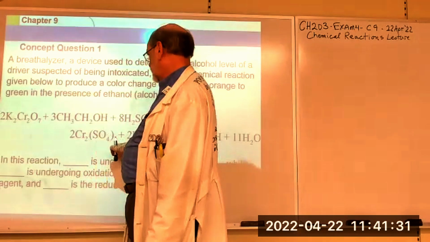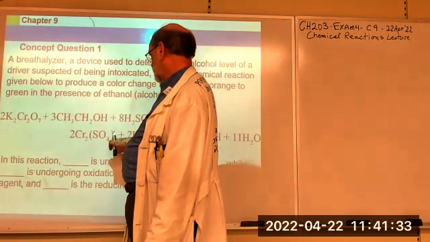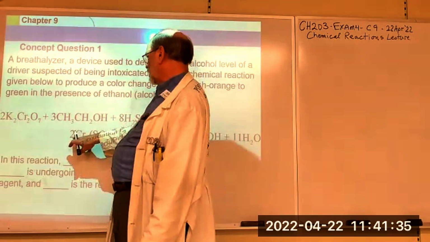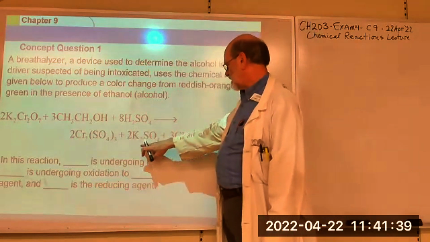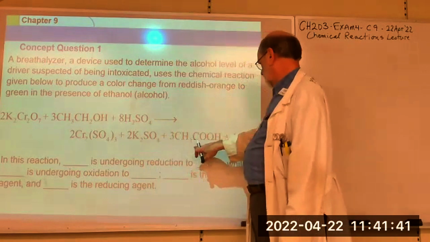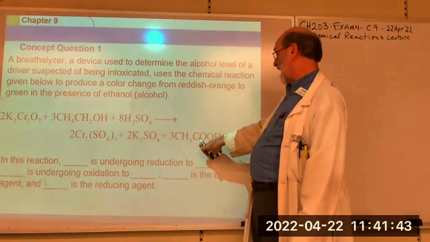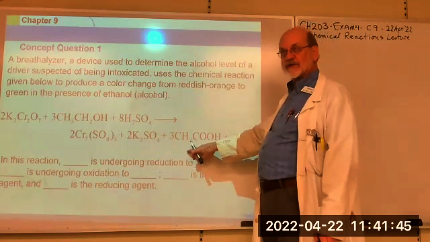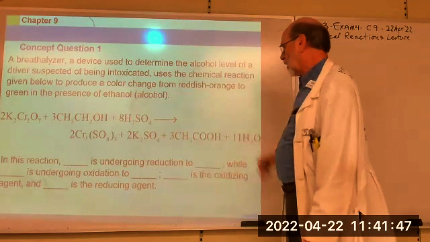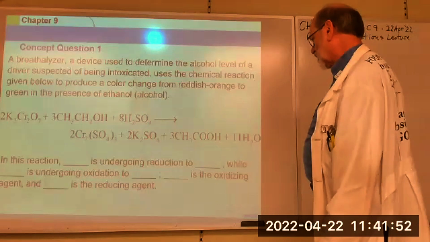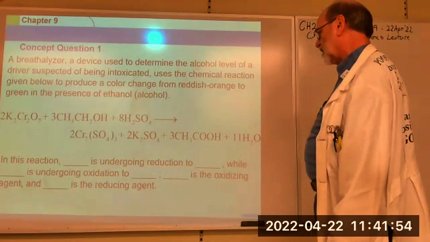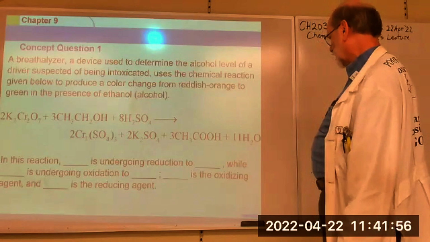Let's see, Cr2(SO4)3, chromium(III) sulfate, and potassium sulfate, CH3COOH, that's another way to write acetic acid, and water. So in this reaction, something is undergoing reduction to something while something is undergoing oxidation to something.